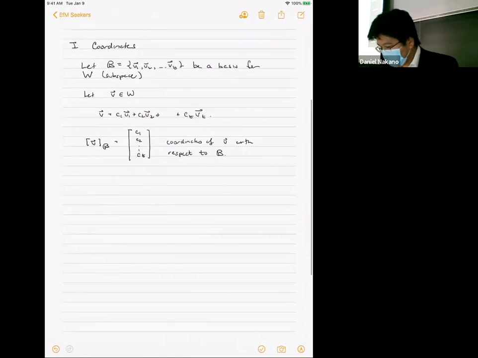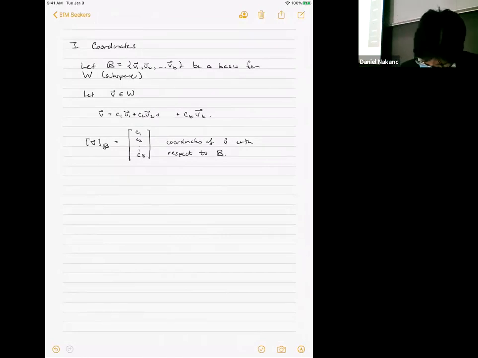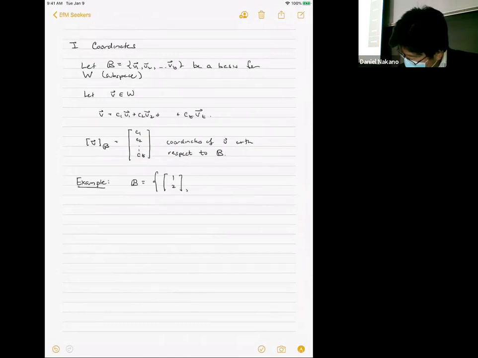All right, let me give you an example. We won't do the whole thing, but I just want to illustrate the point of this. Let's say the basis is given by the vectors (1, 2) and (3, 4). That would be a basis for R2.